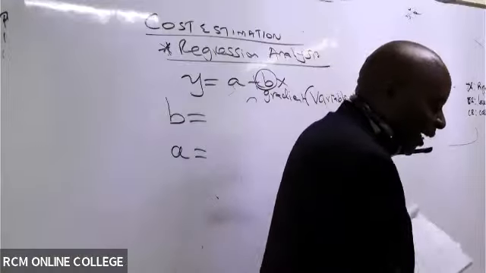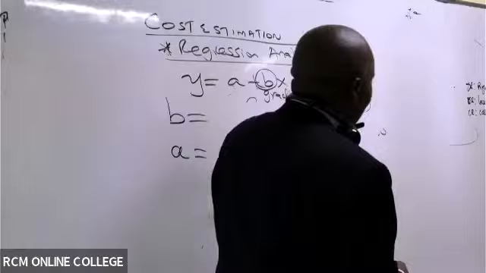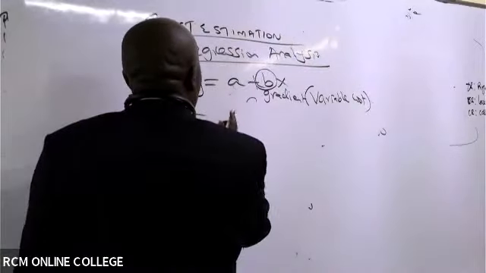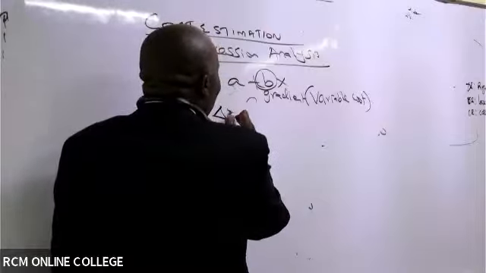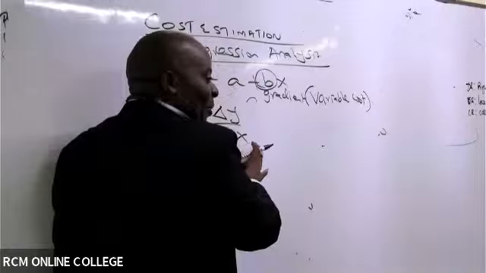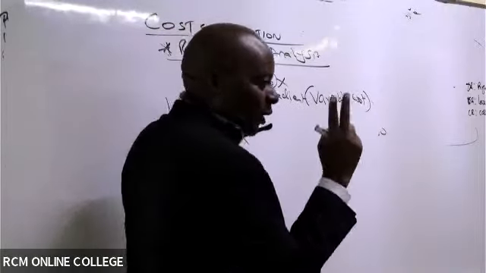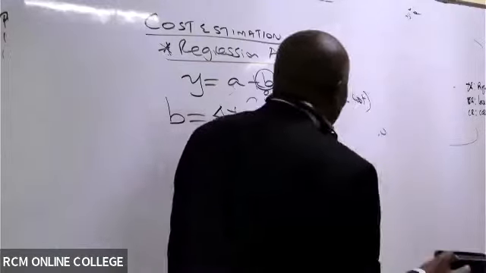So can I remind you guys how we normally get this B? It's very easy. To get B, you know, we have that high school method where we used to say that gradient is change in Y over change in what here? This was a very simplistic model because in high school, we only used to deal with 2 data points. Change in Y over change in X. That cannot apply here.